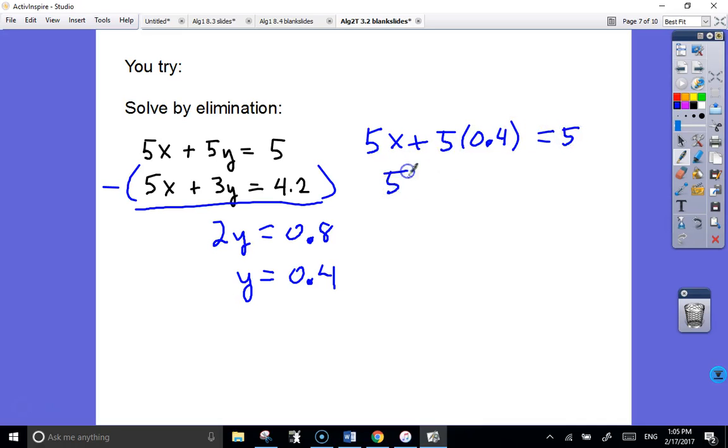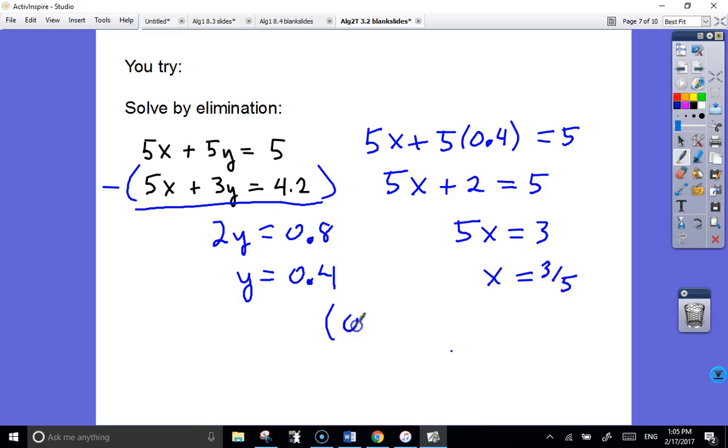So 5x plus 2 equals 5. 5x equals 3. X equals 3/5. So the point is 3/5, but I'm going to just call that 0.6, 0.4. It doesn't matter, fractions or decimals. You could have one be the other. It doesn't matter. Okay, last slide.